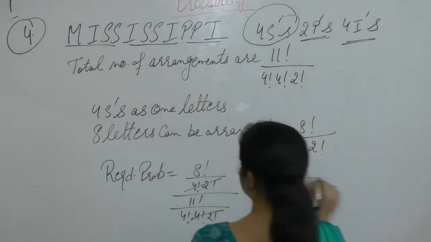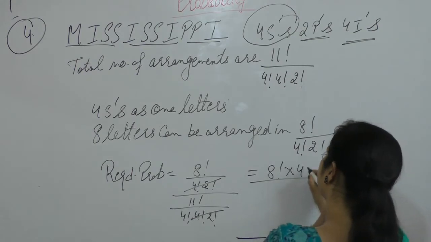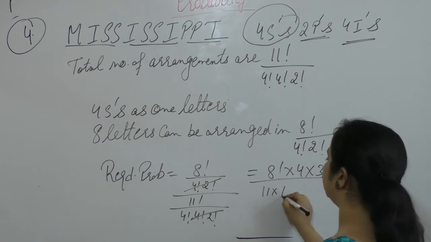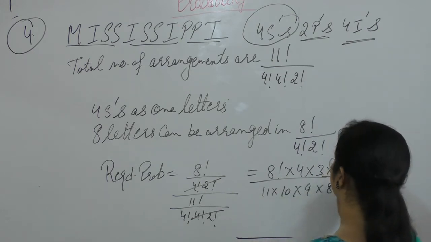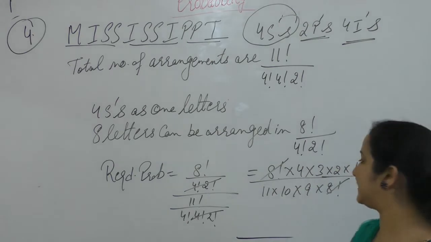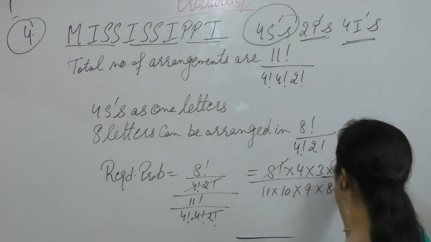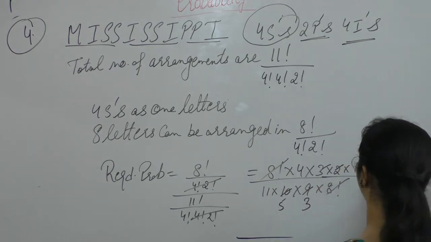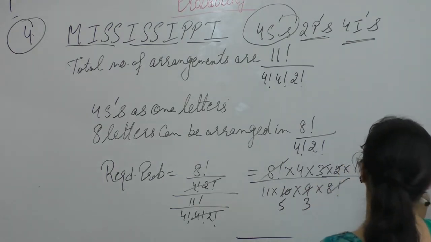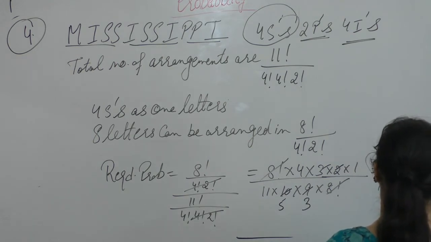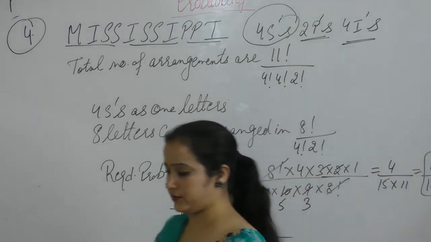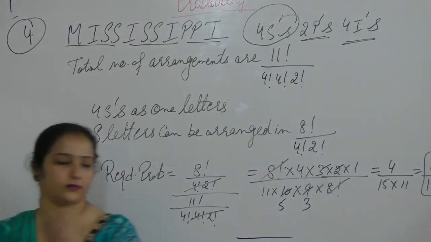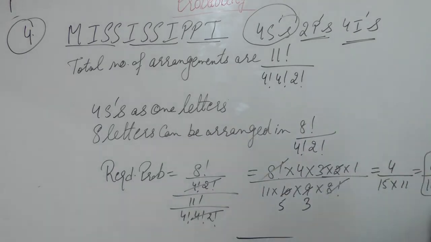Write 8 factorial as it is. 4 factorial will go in the numerator, 4 into 3 into 2 into 1, 11, 10, 9 and 8 factorial. 8 factorial will get cancelled here. This is 4 upon 15 into 11, that is 4 upon 165. Note it down.